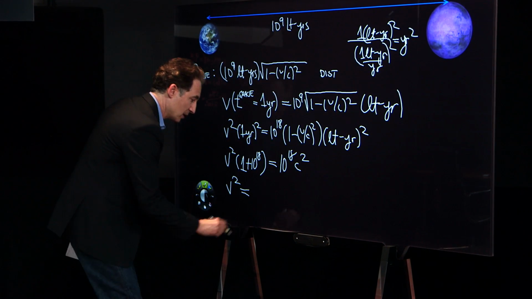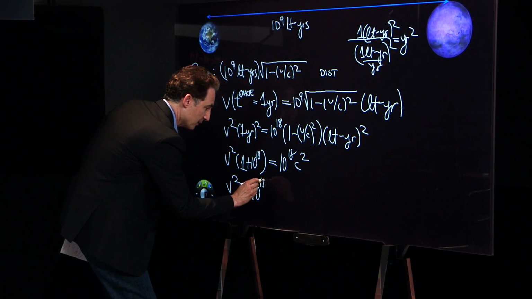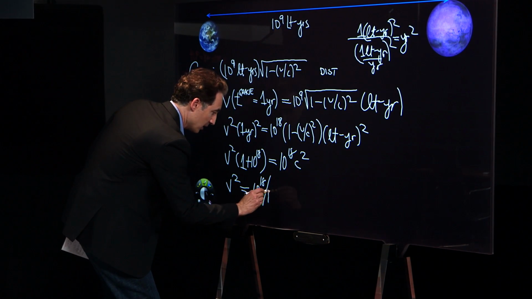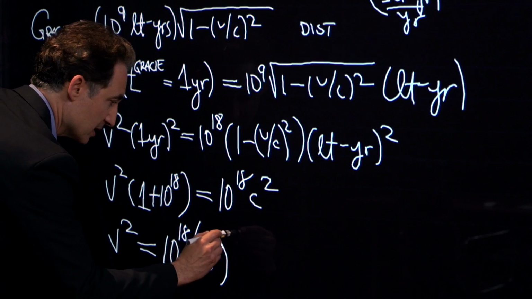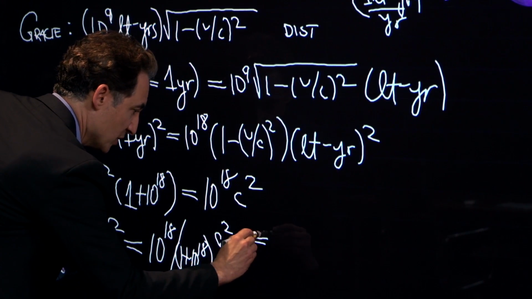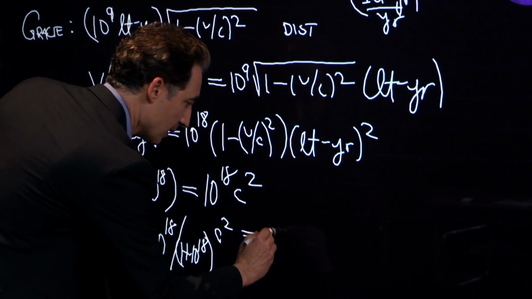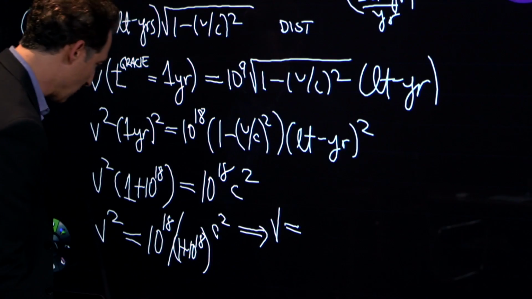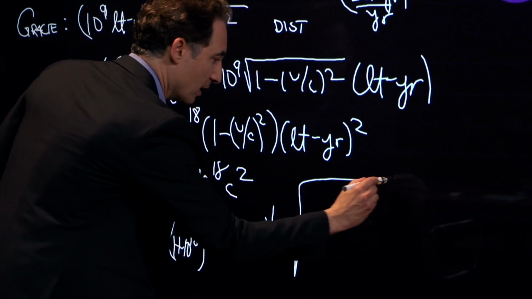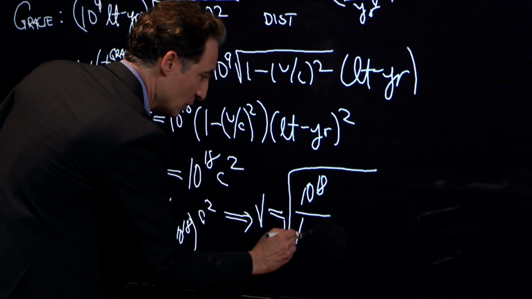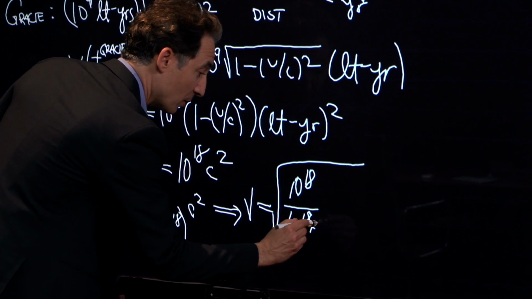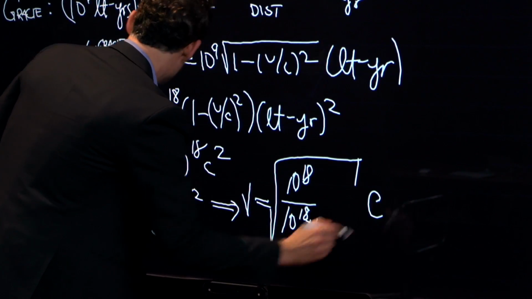And it is equal to 10 to the 18 divided by 1 plus 10 to the 18 times c squared. And now if we just take the square root of that, the speed at which Gracie needs to travel is equal to the square root of 10 to the 18 over 10 to the 18 plus 1 times c.